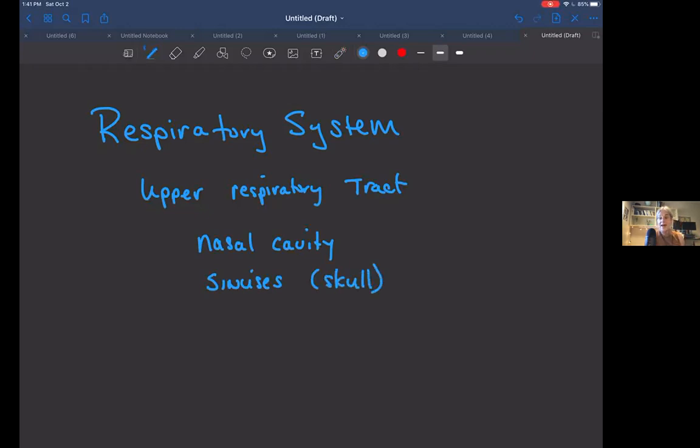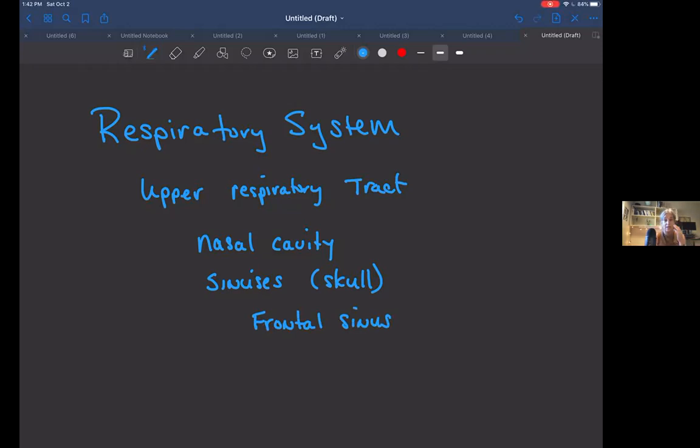We have different sinuses in different locations. For example, sometimes you get headaches above your eyebrows, and that's the frontal sinus. There's actually an air space there.